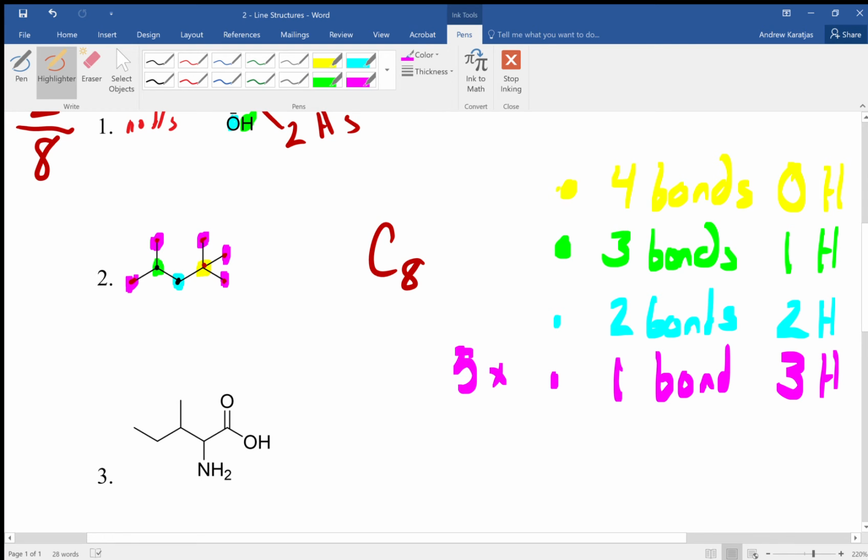So how many total hydrogens? Well, we have 5 carbons that have 3, 1 that has 2, and 1 that has 1, for a total of 18 hydrogens. And so that gives us our chemical formula here, C8H18.